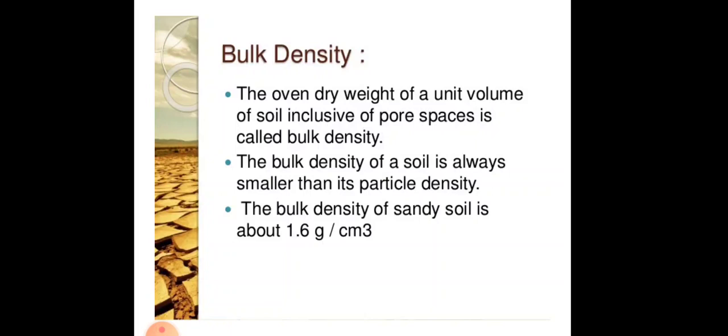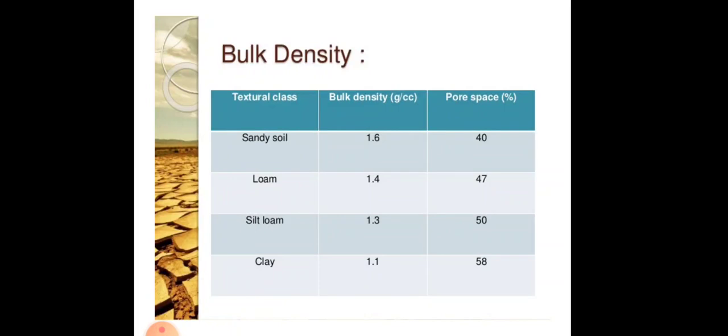If the soil is sandy, then bulk density is different. If the soil is silty, then bulk density is different, and if the soil is clay, then bulk density is different. So this bulk density depends upon the texture of the soil. Here in this chart there is a textural class and bulk density is given.